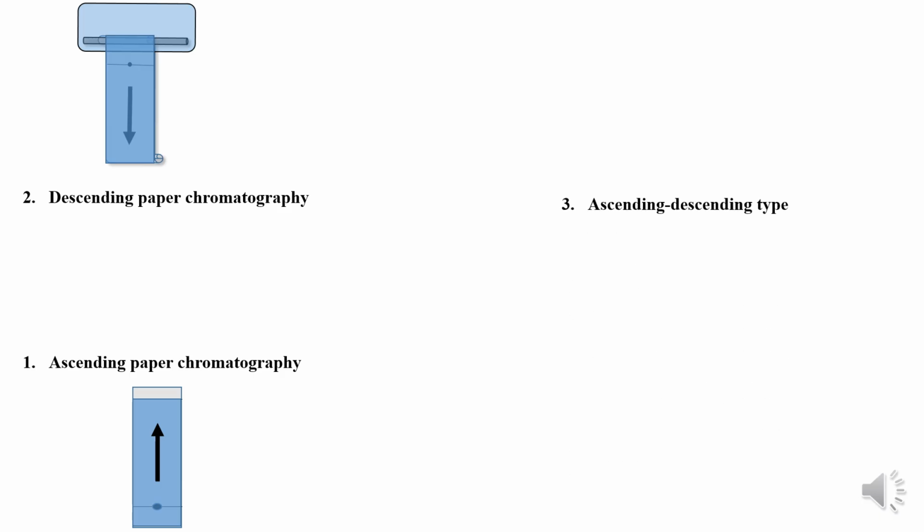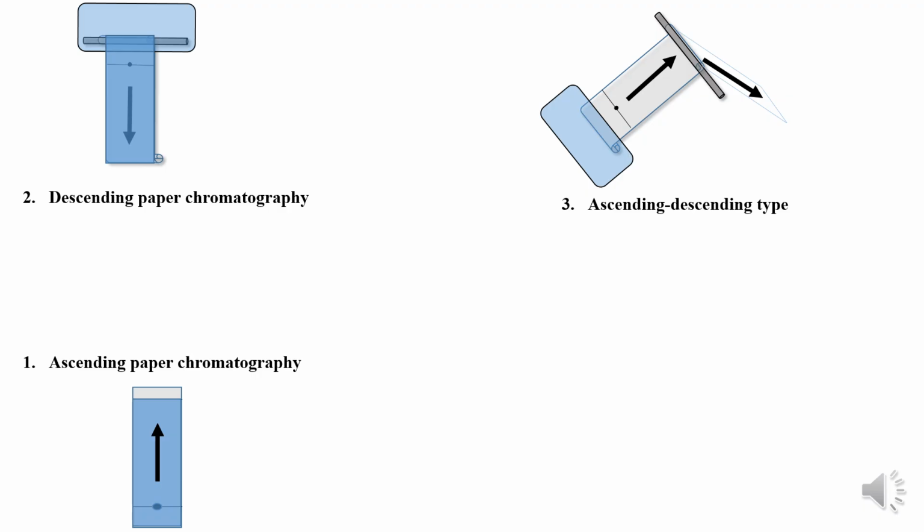Now ascending descending type chromatography is a combination of the previous two techniques, that is ascending and descending. In the ascending descending type of paper chromatographic method, initially the solvent flows upwards by capillary action, and later it flows down.